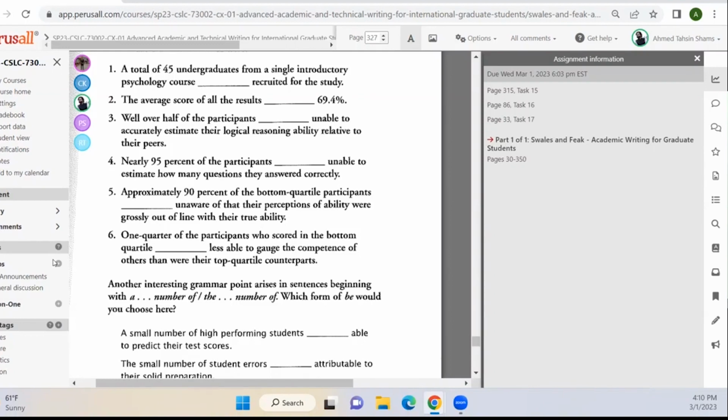Because you're talking about the 4,500 grams, singular, was. Or plural, I guess. I think because you're talking about the undergraduates, you can also say a total of 45 undergraduates were recruited. I think you're focusing only on the undergraduates.